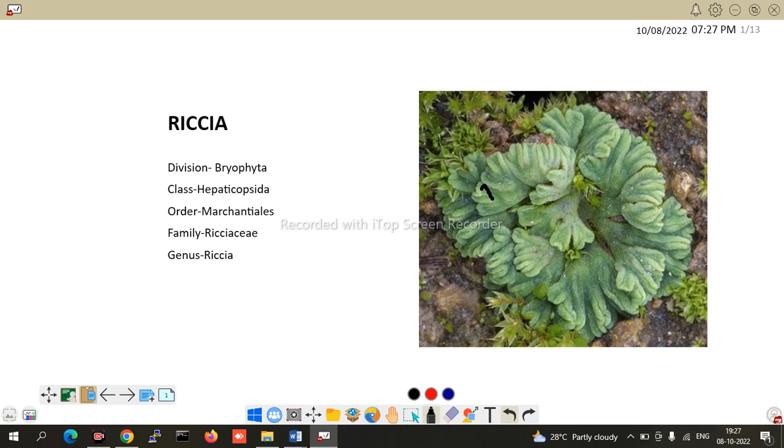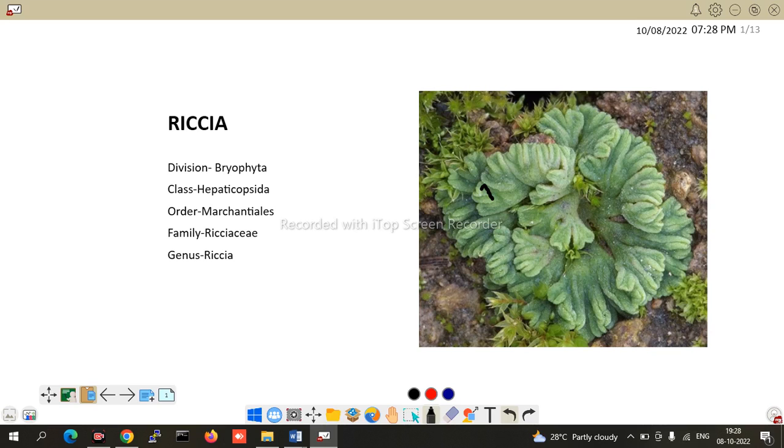Then order Marchantiales means these quite resemble Marchantia. They come under liverworts. What are liverworts? Liverworts means they quite resemble a liver-like structure.